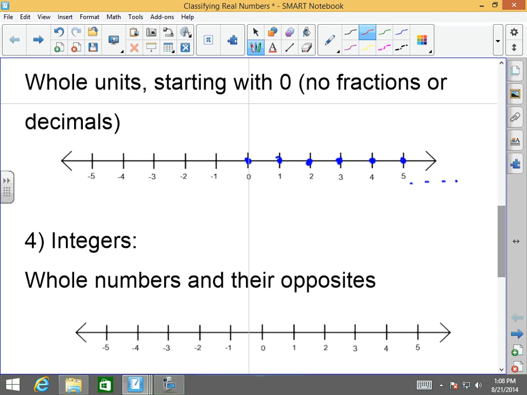So when you think of integers, we're talking about whole numbers like 0, 1, and their opposites. -1, 2, -2, 3, -3, 4, -4, 5, -5, etc. Integers are whole numbers and their opposites. Whole numbers and their opposites.